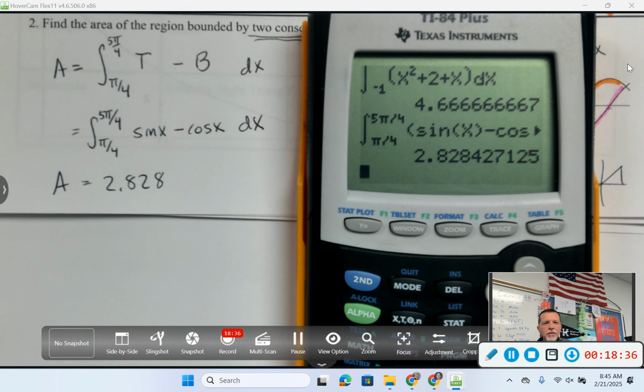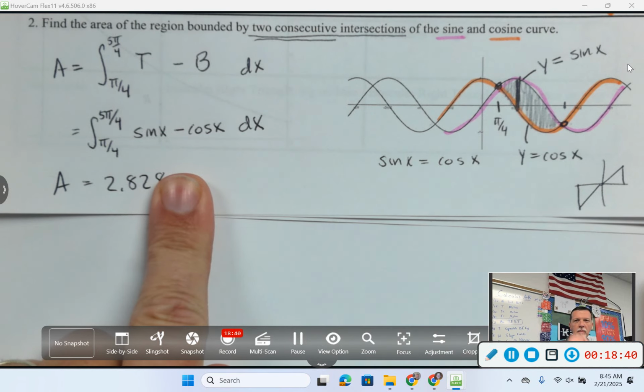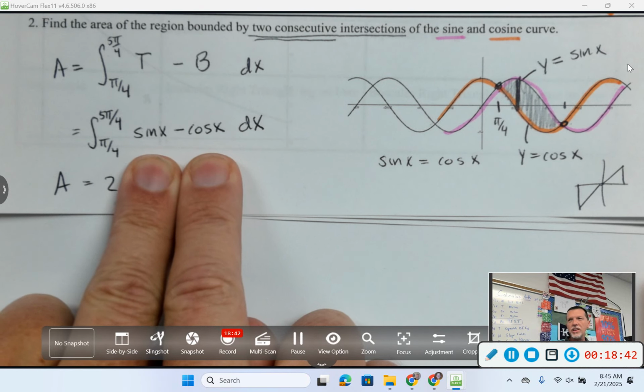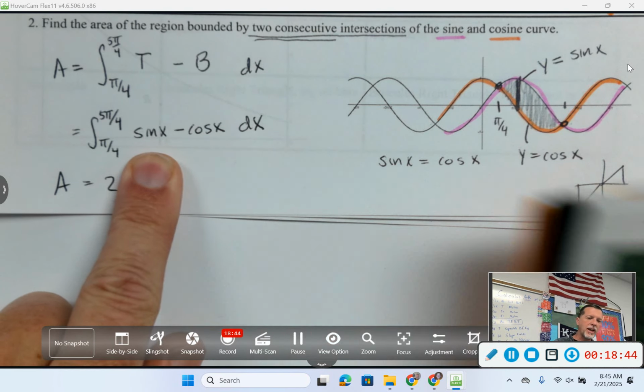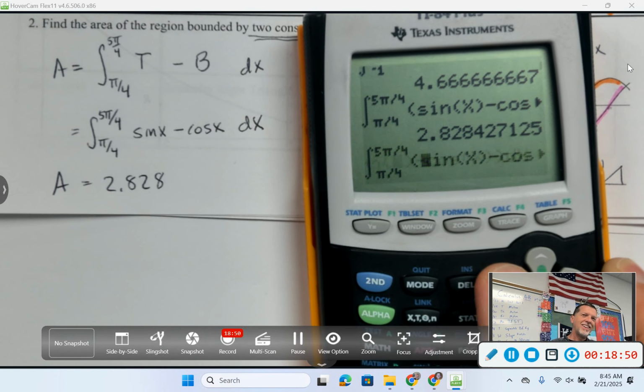Do you know what would have happened if we had switched? So say we did get it backwards on the top and bottom and we had switched the sine and cosine. Do you know how that would affect my answer? What's that?